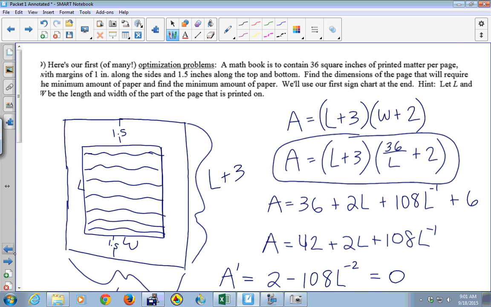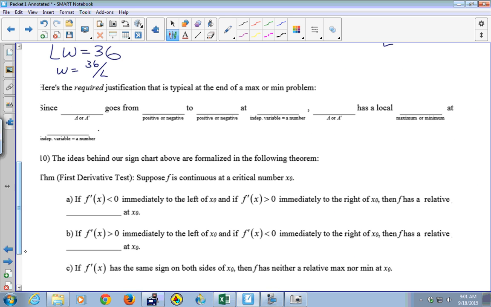All right, so let's fill in the words here. Here's the required justification that's typical at the end of a max or a min problem.